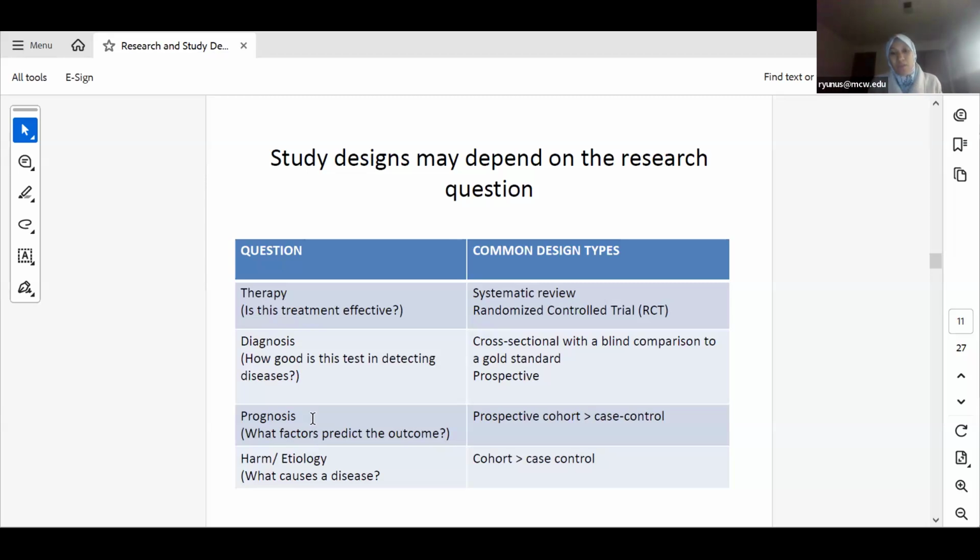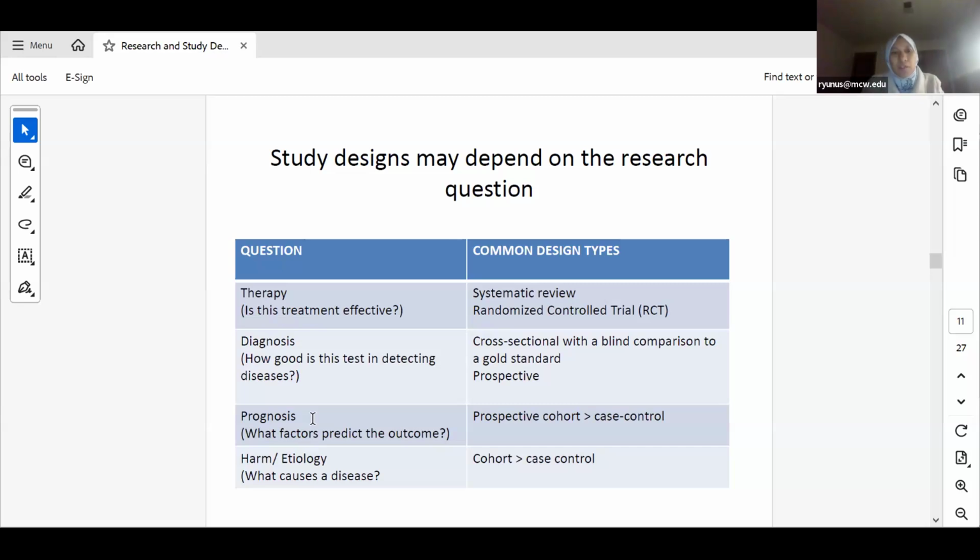But as I said, since it takes time into consideration, a prospective cohort study is always considered a more robust or stronger type of study design compared to case control and cross-sectional.